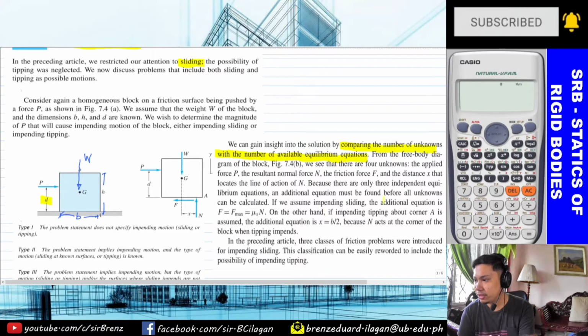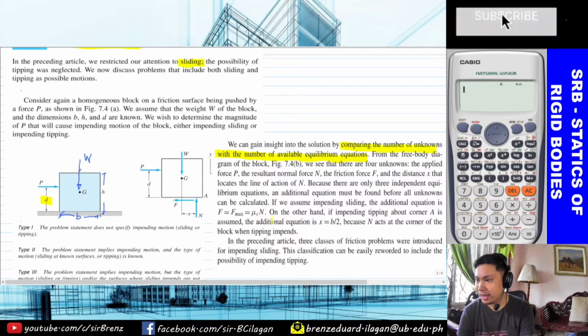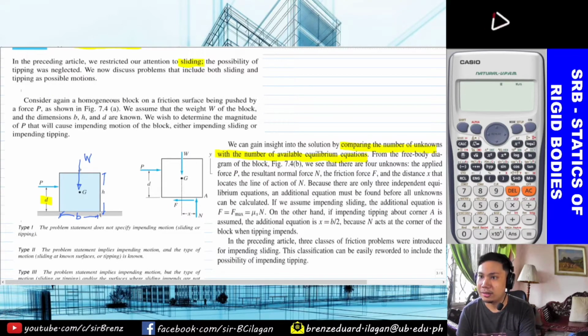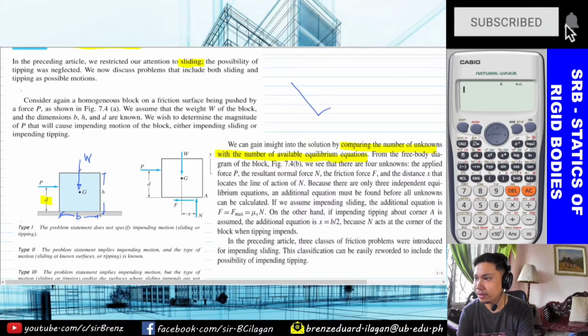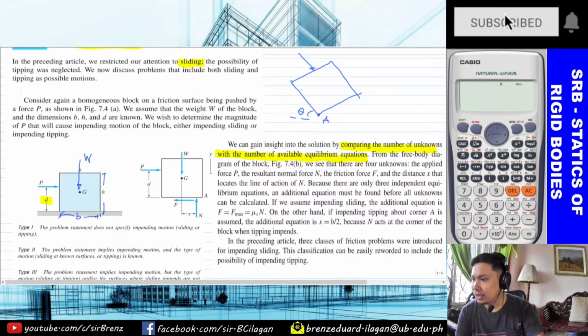If we assume impending sliding, the additional equation is F sub f, or F max, equals mu s times N. On the other hand, if impending tipping about corner A is assumed, the tipping is always about the corner. If you imagine, because of this load P, the block will tip over; I'll draw it here. This is your point A. Because of this load P, it tips like this. So it will topple.